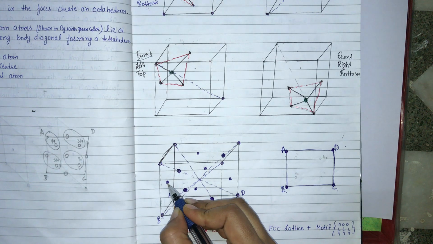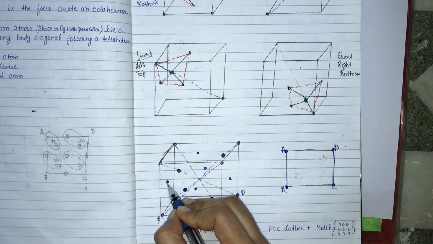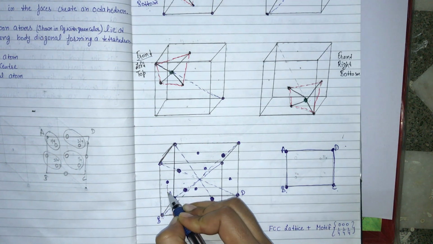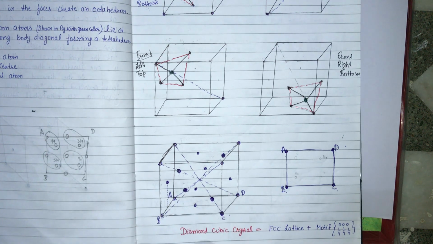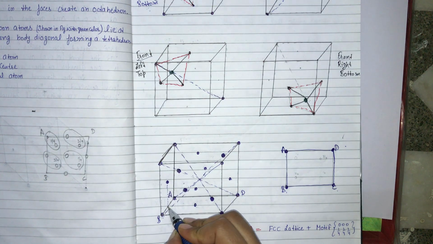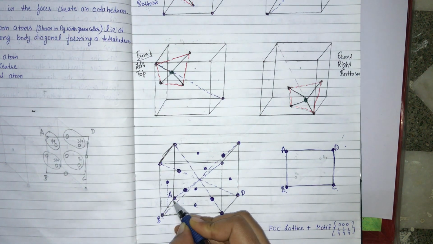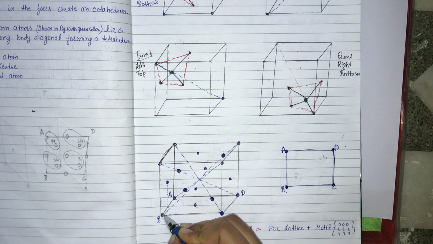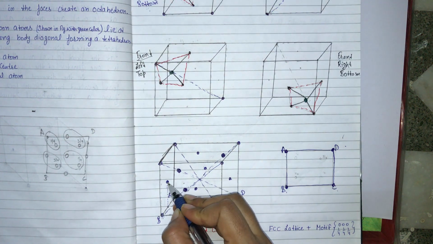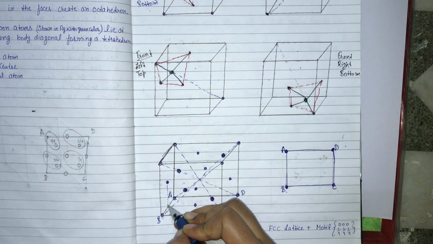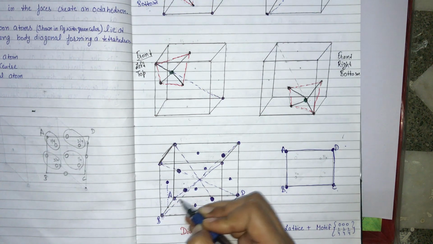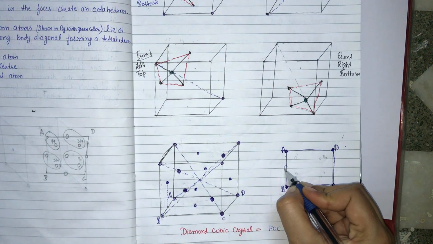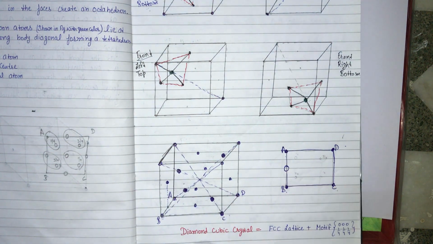If I project this face center, this is the left side, then if I project this side on this AB side, it will be located at the half of AB. If this is 1 unit, then this face centered point will be projected at the half of AB. Means one carbon atom is located at this half position.